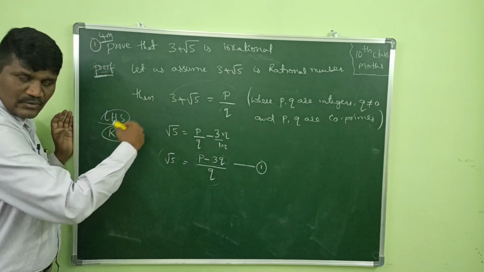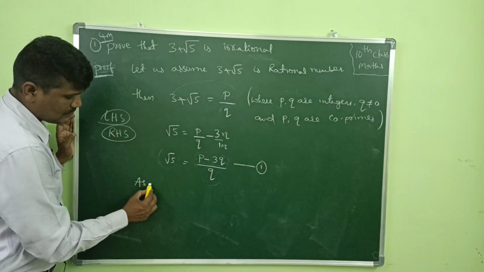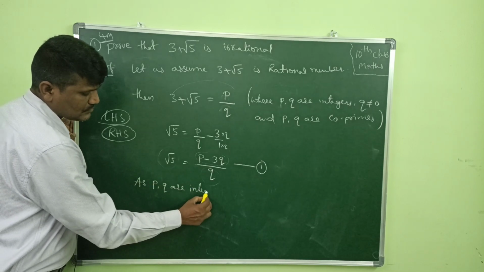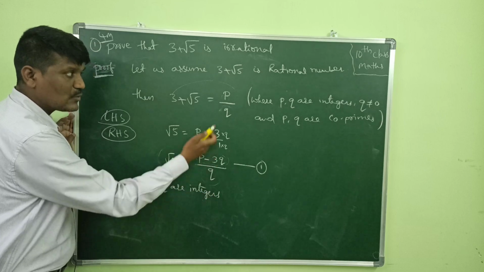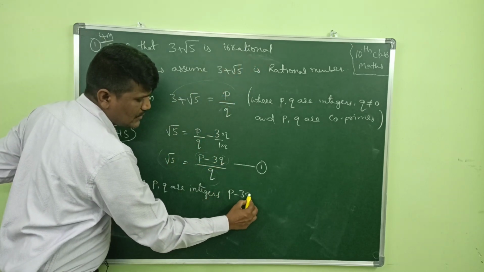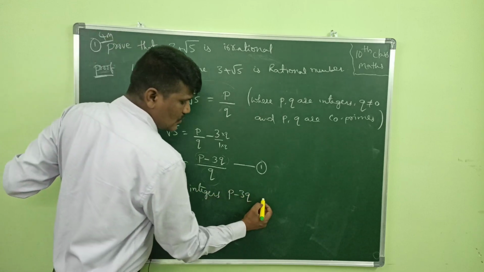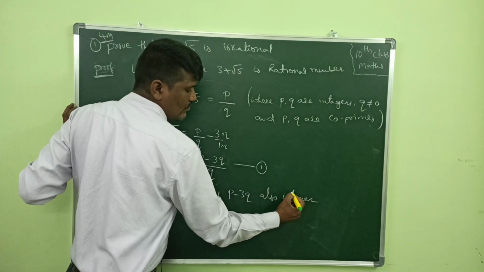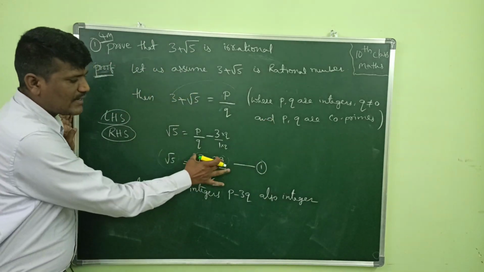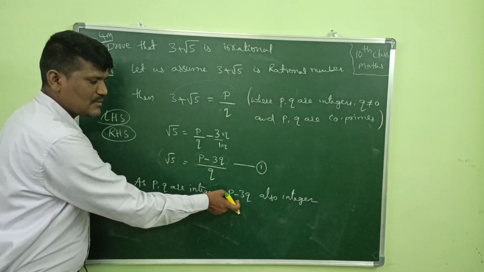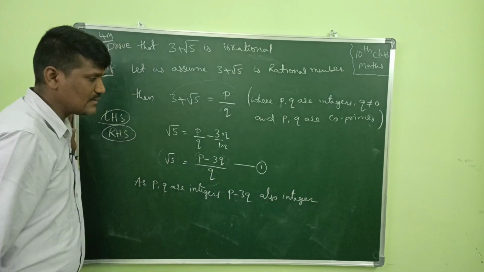So that is what we are going to write now. As p comma q are integers, p minus 3q is also an integer. The numerator we got as an integer.